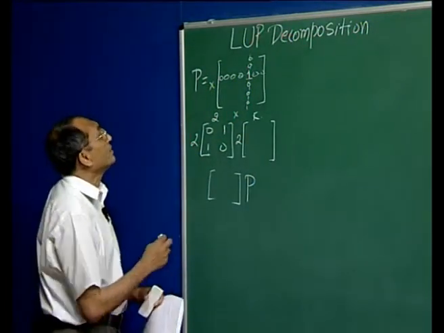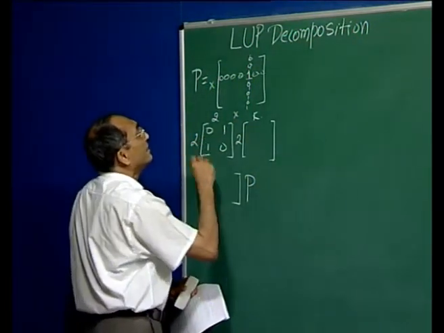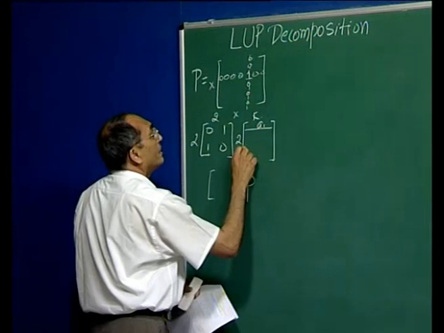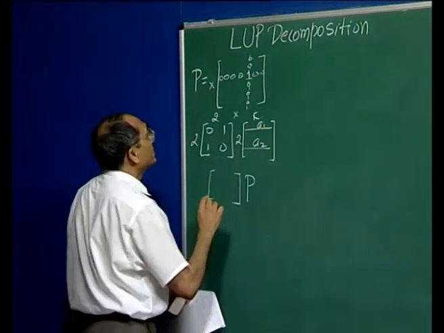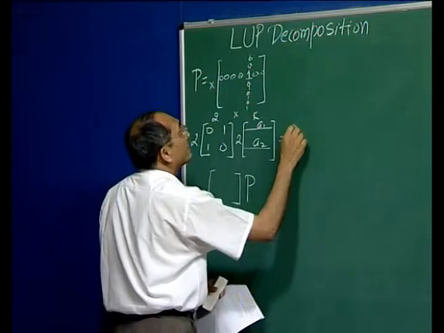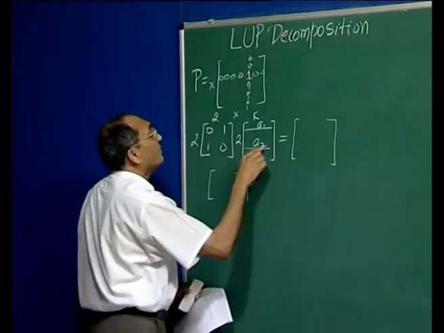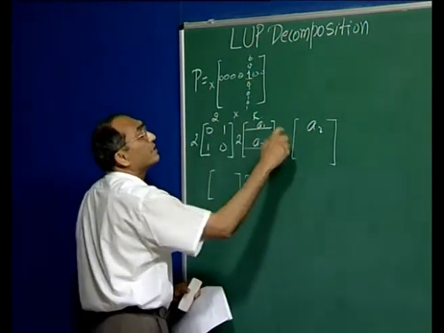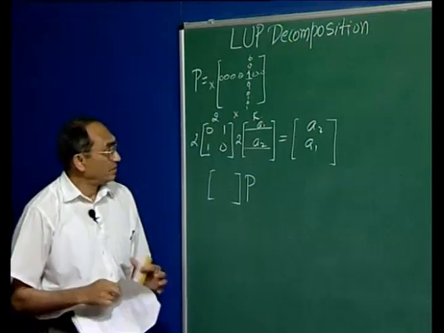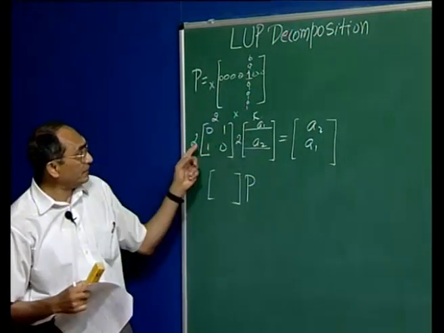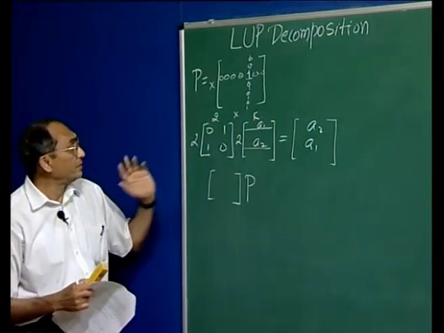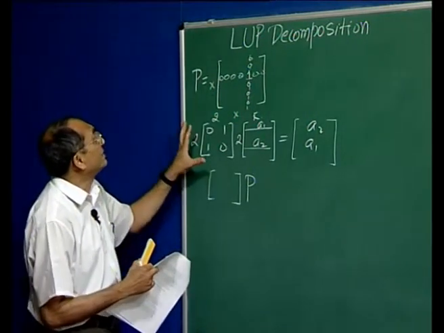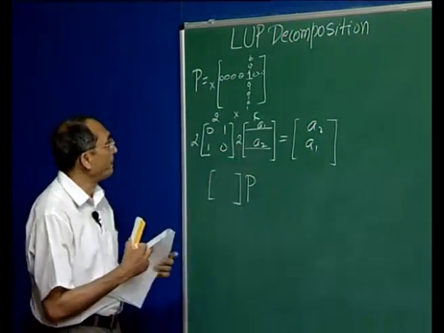Here we have row A1 and row A2. When I multiply, I get the entries of A2 first and then the entries of A1, so this is exchanging the rows. In 2 by 2 you do not have too many other cases, identity or this. Similarly, if it is a larger matrix, it will be some general permutation.